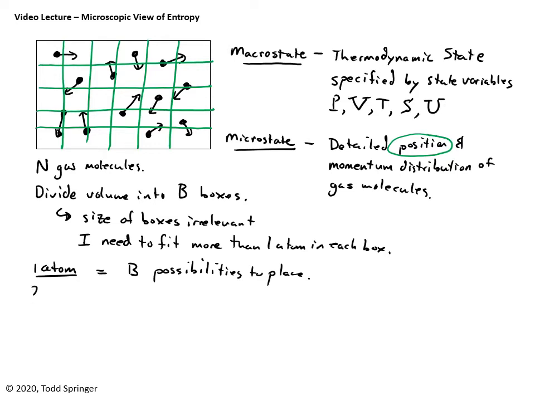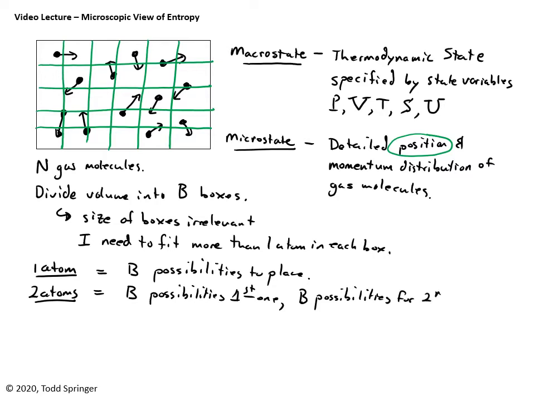What if I had two atoms? Well, I have B possibilities for the first one, and I have B possibilities for the second one, because I could fit more than one atom in each box.